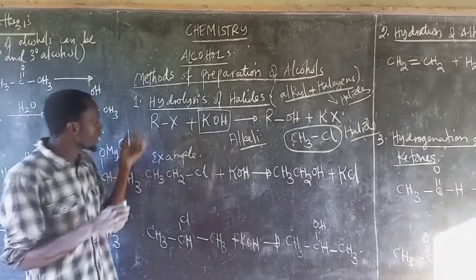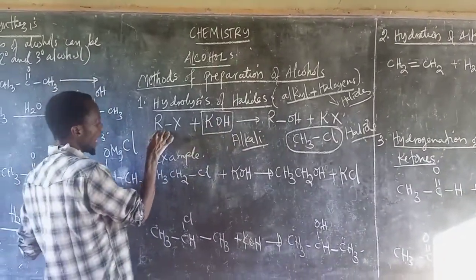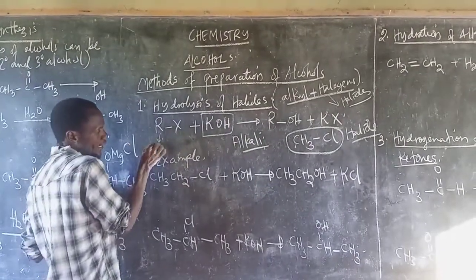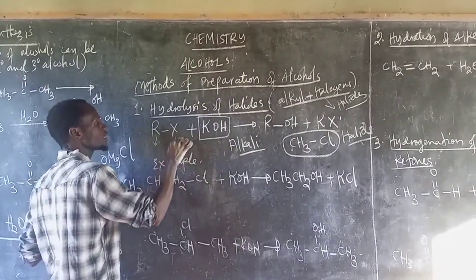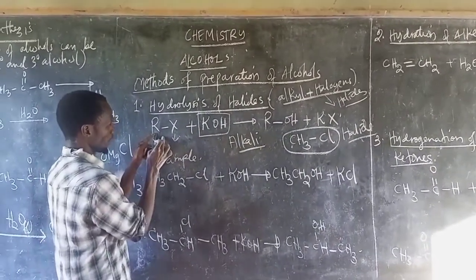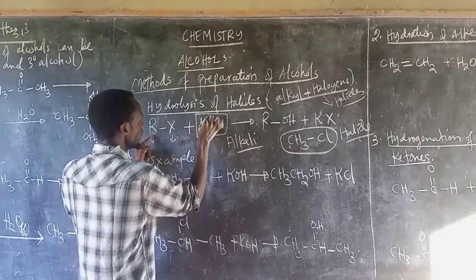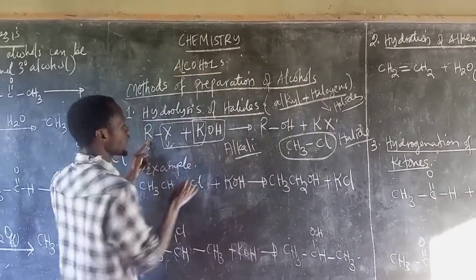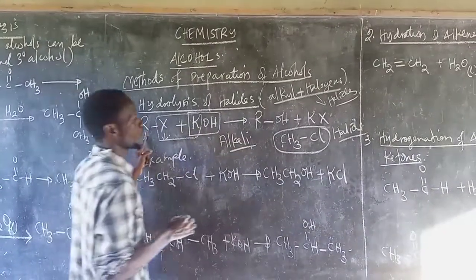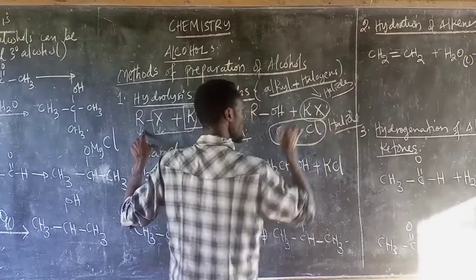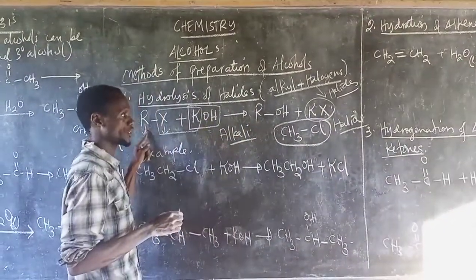Now, when you look at this one, this is the alkyl, and this is the halogen. Here we have a metal, which gets together with the non-metal to form what we call potassium halide.